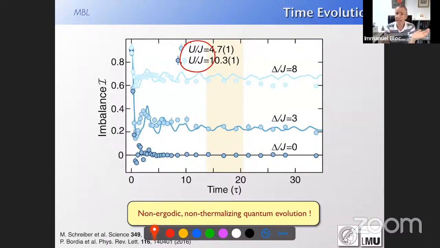Because for a thermal state, there would be no reason why even or odd sides should not be equally populated. Right? For thermal states, there should not be any unequal population of even and odd sides. So the fact that we see this imbalance persist up to 30 tau directly tells you this is not a thermal state at 30 tau. Okay, so that's an important point.